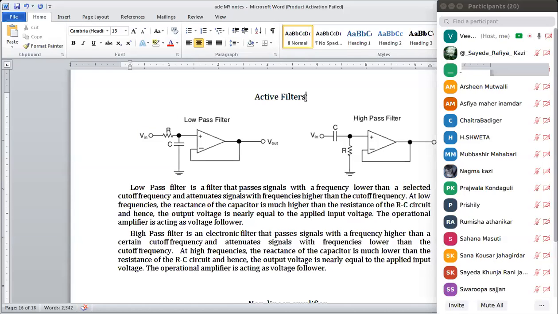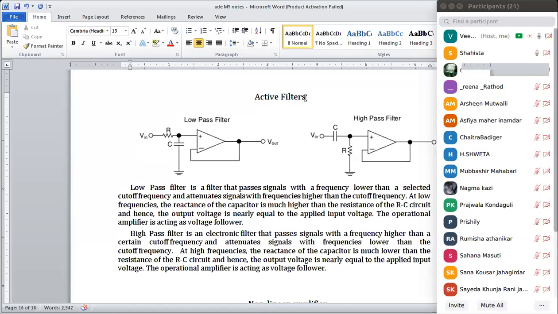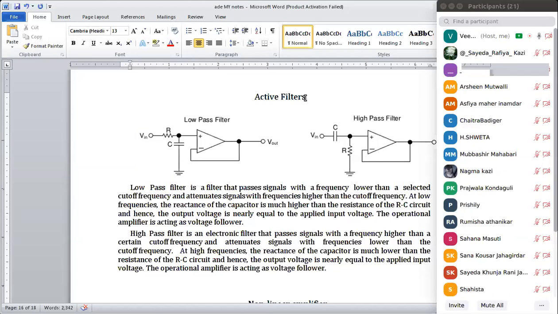Whenever a signal is being sent from one place to another place, or whenever a signal has to be sent in a desired frequency, in such applications, these filters are used.